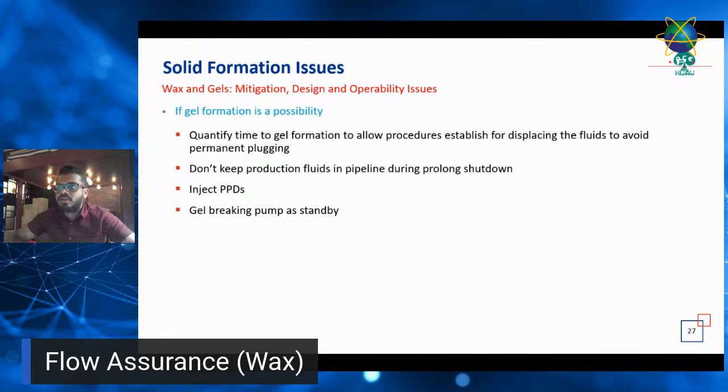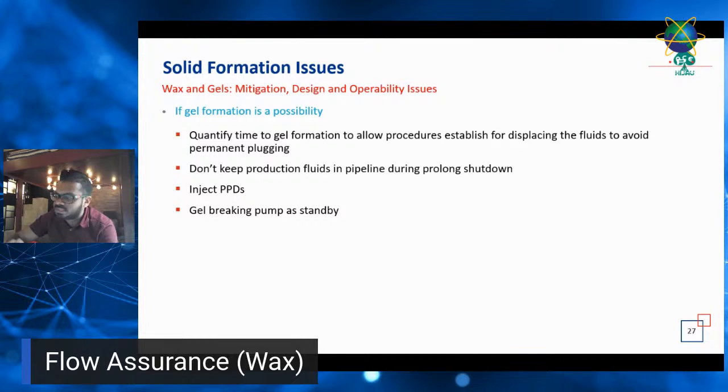If gel formation is possible, quantify the time to gel formation to allow a procedure to be established for displacing. This is only applicable when your pipeline is in a shutdown scenario.